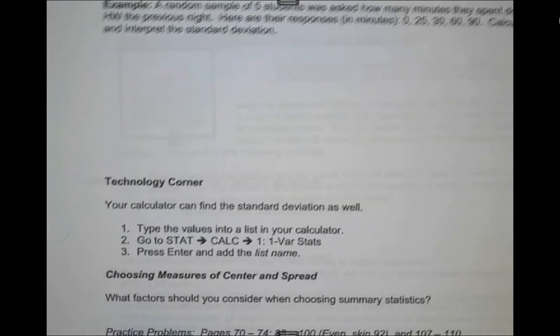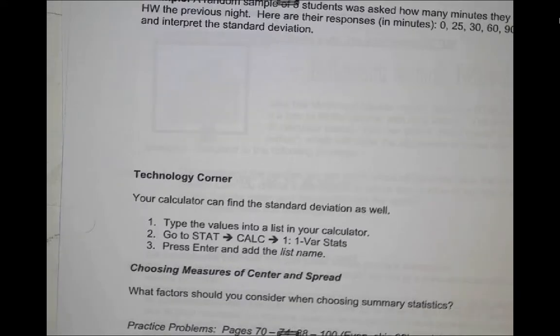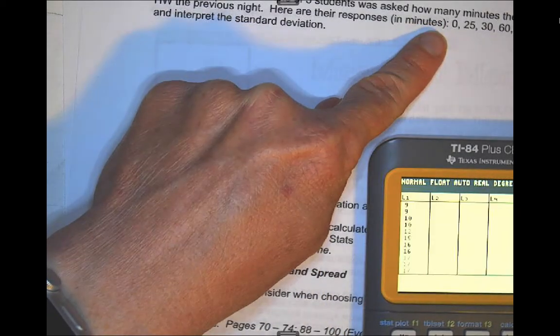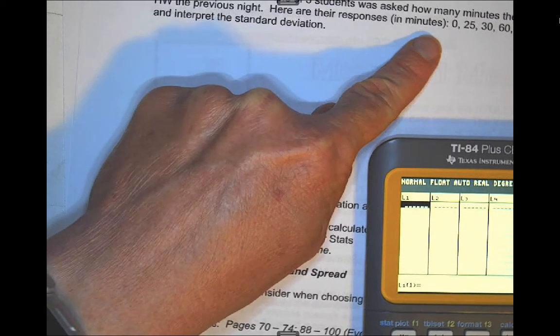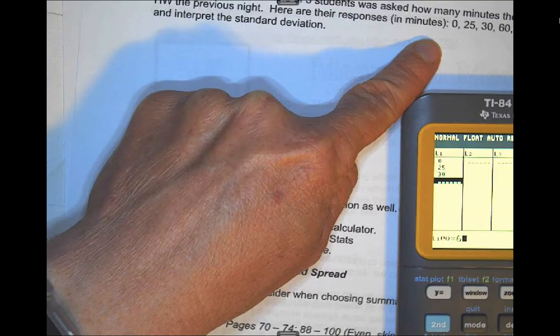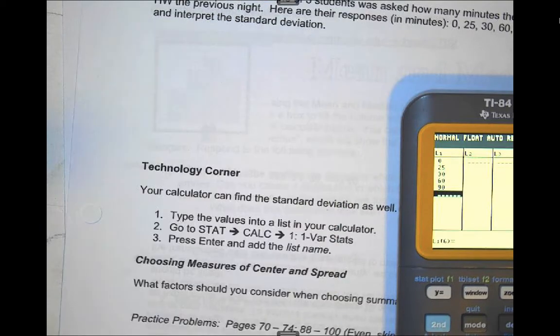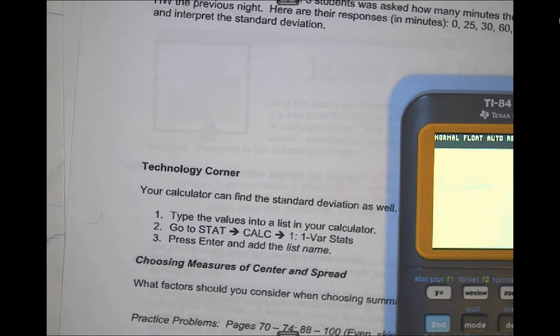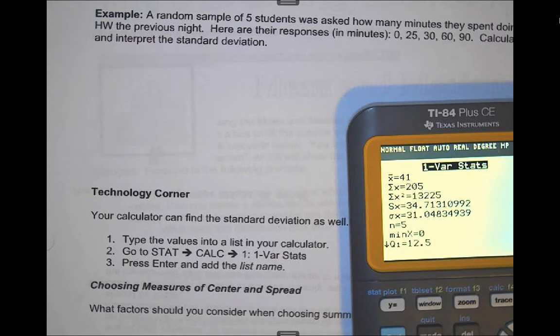You can, for the most part, use your calculator. Let's use these values here. I'm going to clear those out. So 0, 25, 30, 60, and then 90. Again, we go to that familiar stat place, the 1-Var Stats, and I'd hit calculate.